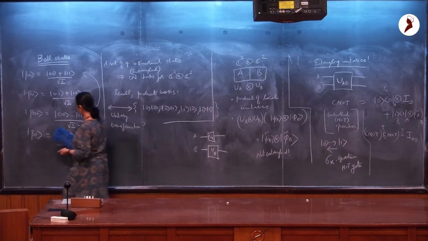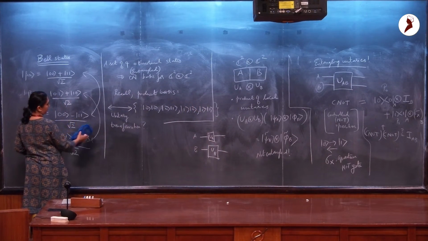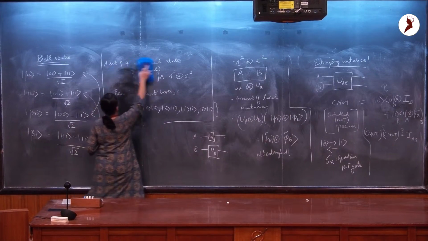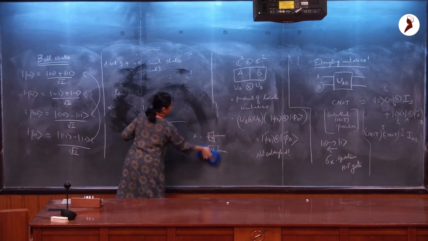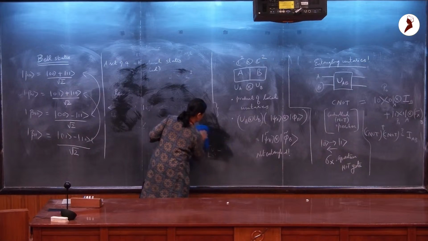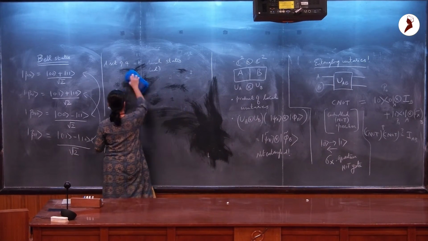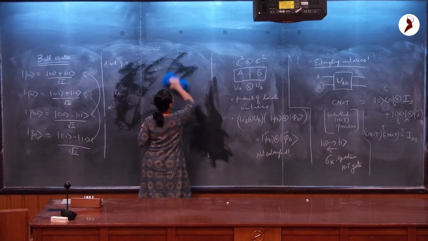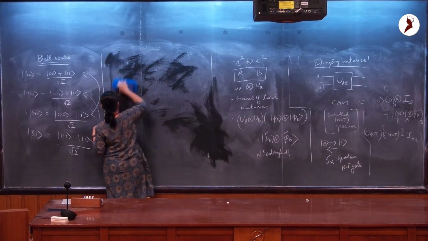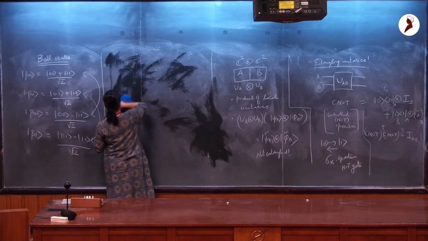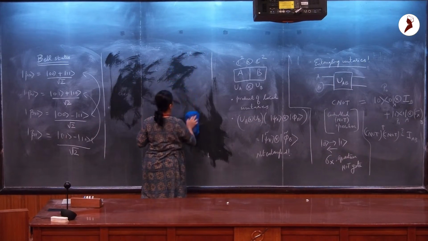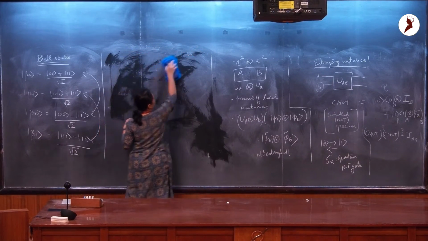But how do I write down a matrix form for this? Let me keep the Bell states there. So I think during the first lecture yesterday afternoon, the tensor product was actually discussed and used multiple times. So you all know how to do this tensor product. So let me write this out.